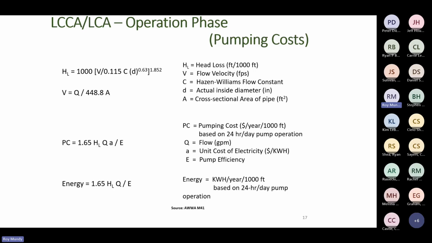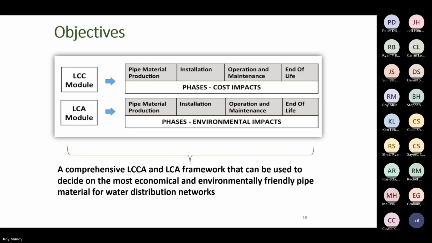And then from there, from a point source energy cost, what is it going to be in terms of the present cost of energy for, let's say, 1,000 feet of pipe under a particular pumping scenario? Those results are going to be later in the presentation.